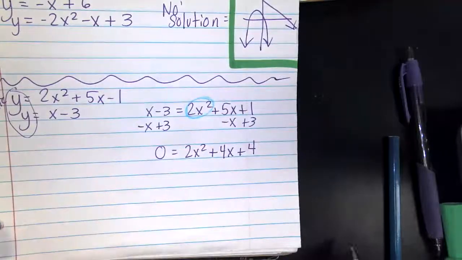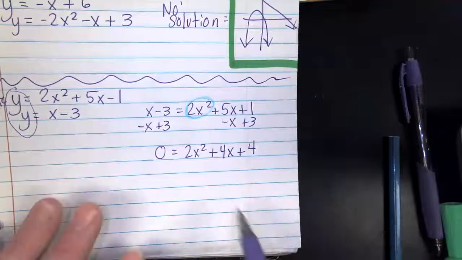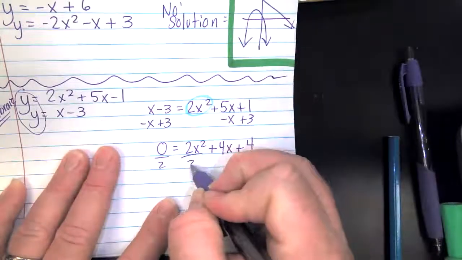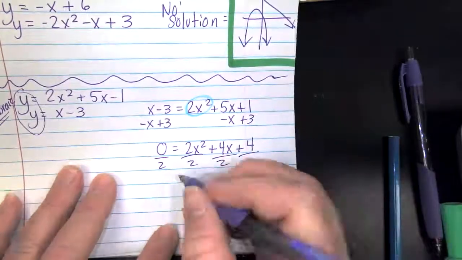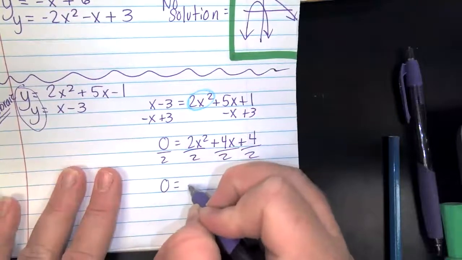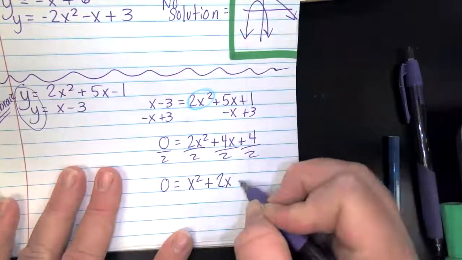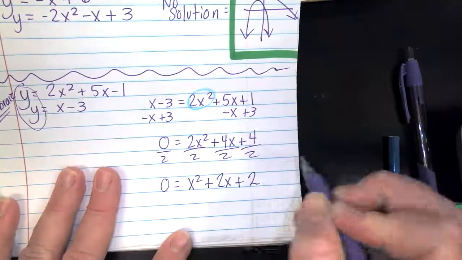Do you notice something? They all have a 2, so I could divide everything by 2. Let's make life easy here. 0 equals x squared plus 2x plus 2.